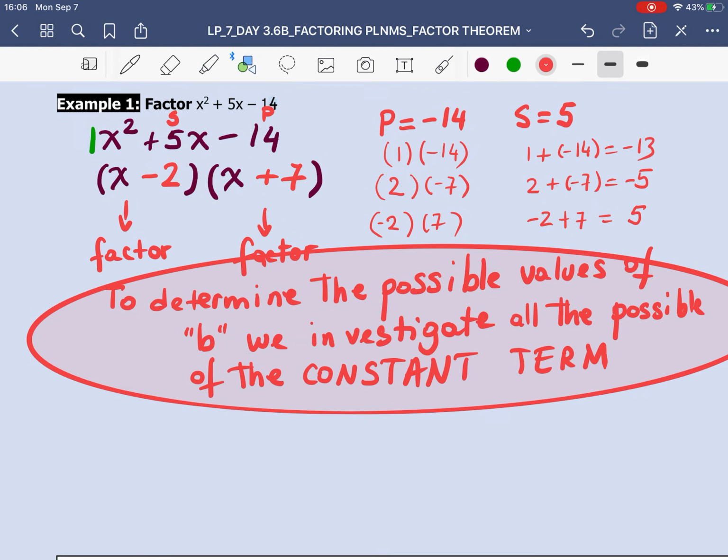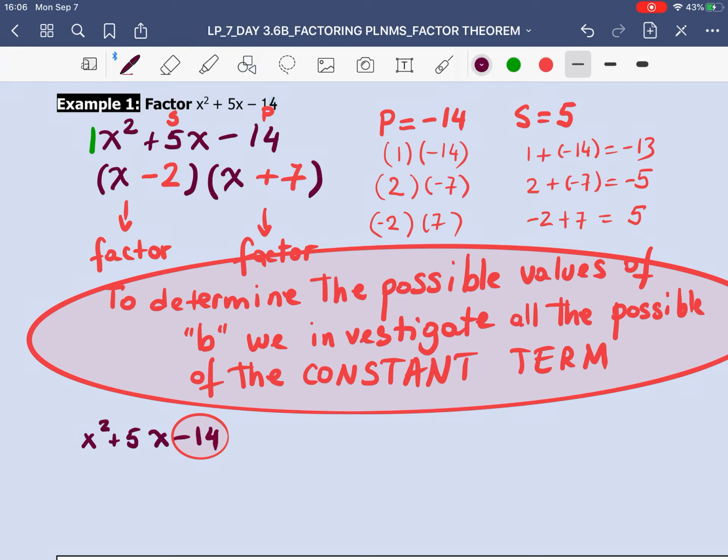Now, how does this work? Because negative 14 doesn't just have positive 2 and negative 7 as a factor. So how does that really work? How would I do this in a more complicated polynomial? So the way we think about it is this. If we have x squared plus 5x minus 14, and we want a factor, then we first point at the constant term, which is negative 14.